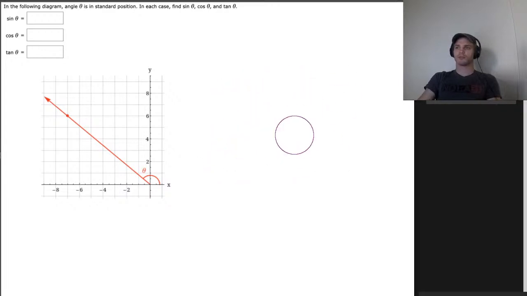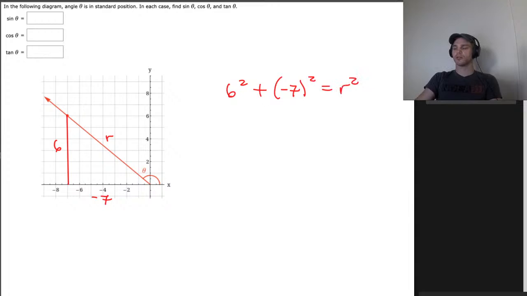Okay, so we need to figure out the radius of this triangle. We can use the coordinates here to figure this out. So we've got 6, and -7. So the radius r squared is equal to 6 squared plus -7 squared. I think that's our radius squared.